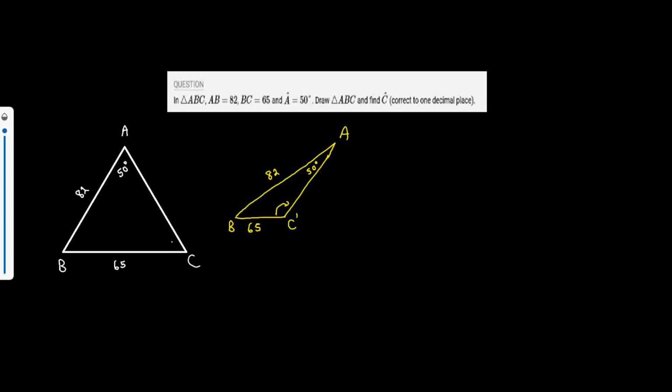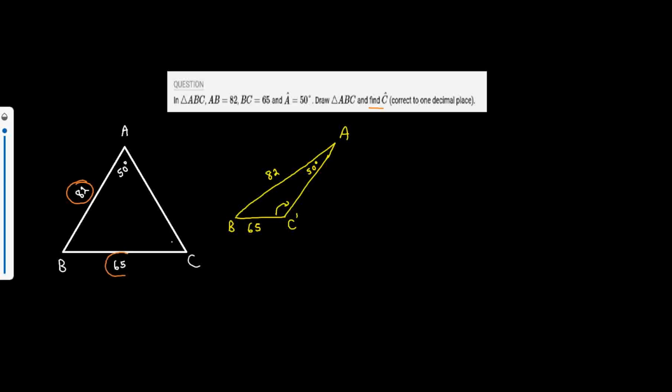Now you might ask me, how do I know when the ambiguous case is at play? Firstly, you'll be asked to find an angle, and you'll be given two sides.